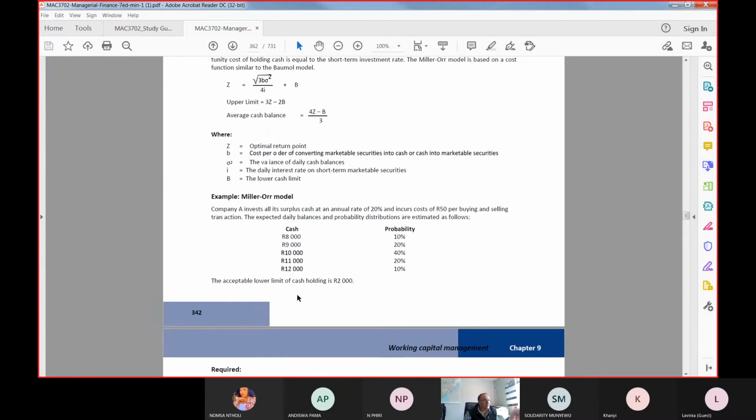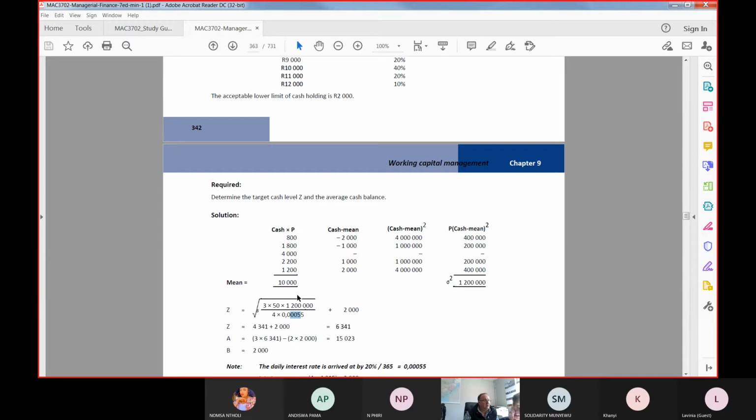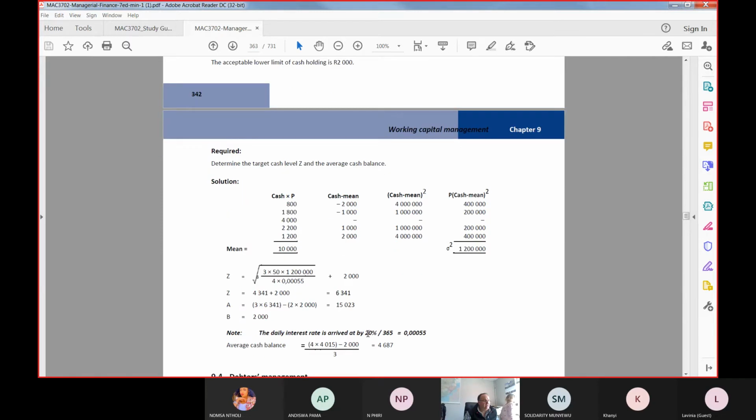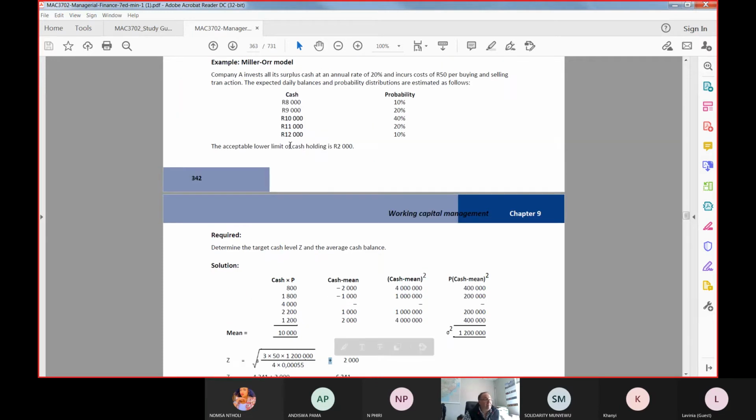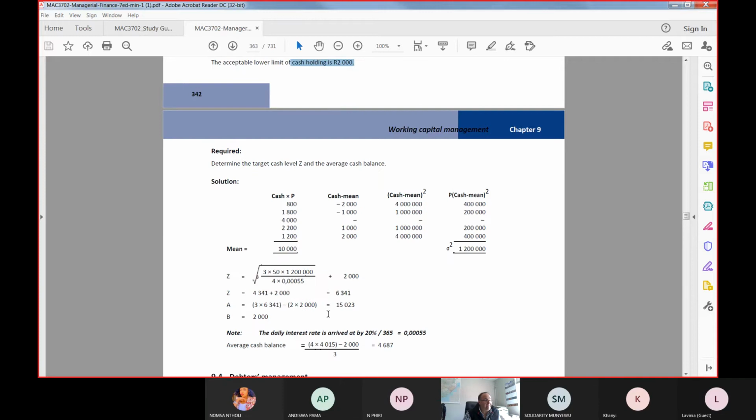Where's the question? Here's the question. How did they calculate the interest rate? Oh, here it is. Because it's per day, 20% divided by 365, 0.00055. That is per day. Okay? Plus the 2,000 that we require to have holding cash all the time.